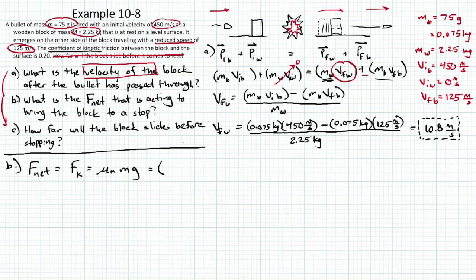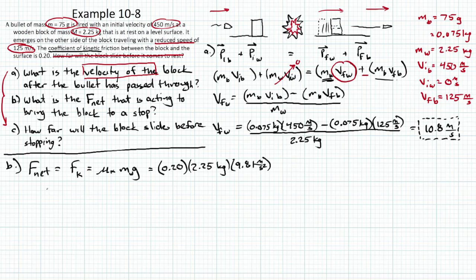So mu sub k, the coefficient of kinetic friction, is 0.20. And remember, there's no units, it's just a value, times the mass. What's the mass of this object that's moving? Well, that's the mass of the wood block, 2.25 kilograms, times g, which is gravity, 9.81 meters per second squared.